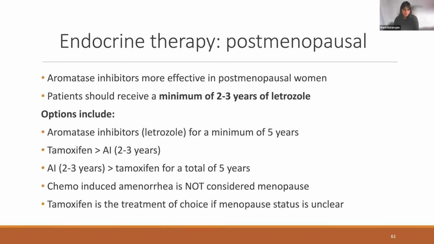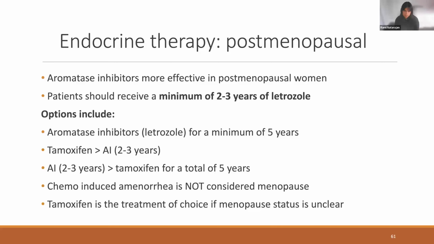Most people would just start an aromatase inhibitor and do that for a minimum of 5 years. If you're worried that a patient is going to have difficulty tolerating an aromatase inhibitor or it's not available, you could do tamoxifen and then switch over to an aromatase inhibitor for 2 to 3 years, or do an aromatase inhibitor for 2 to 3 years and then switch to tamoxifen for a total of 5 to 10 years.